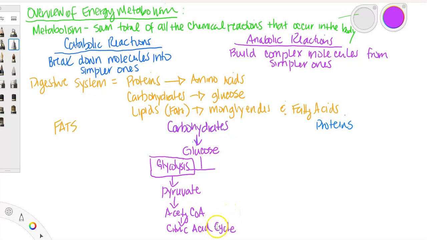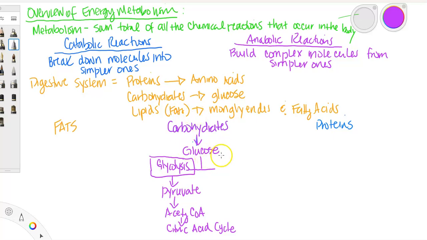And from there, we can go into aerobic respiration, or that basically is the start of aerobic respiration. So glucose is used to make energy pretty readily, pretty easily.